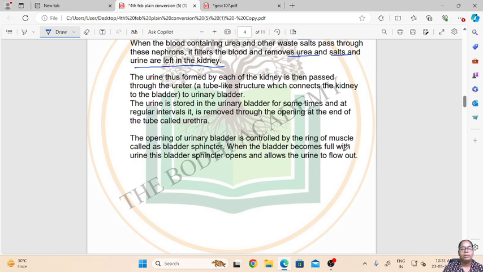Okay, when the bladder becomes full, this bladder sphincter opens and allows the urine to flow out. So this is how the waste product, that is urea, will be dissolved in water to form urine, and urine will be excreted out of the body.